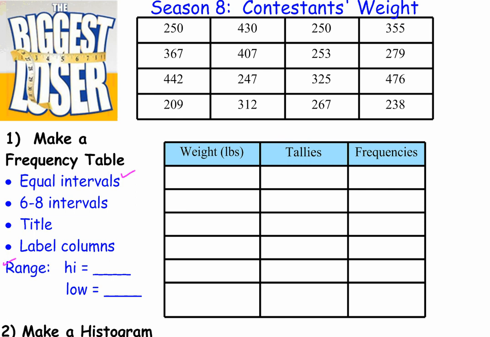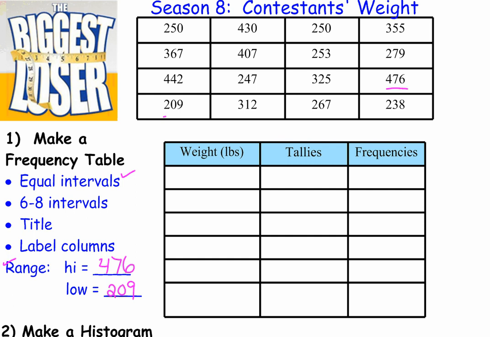So I'm going to look for the lowest data point, which I think might be this 209. So my low is 209 pounds. Let's take it up to the highest amount, which is maybe 407, 430. Oops, how about 476 being the highest? So I've got a span from 200 pounds up to basically 480 or 500 pounds.